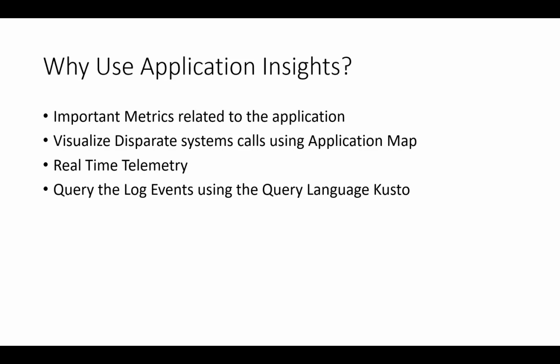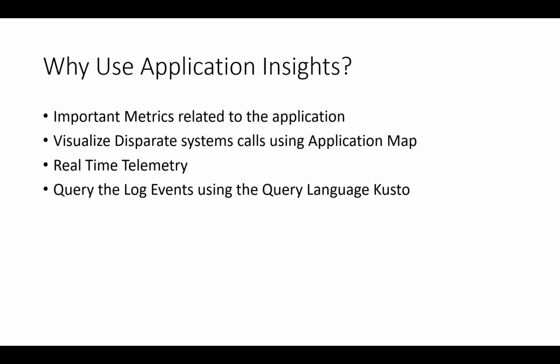So what Application Insights does is allow us to view important health related metrics of the application. Examples would be the average processing time, failure rates, dependency failures, response times, etc. Furthermore, Application Insights allows us to view the app and its dependency calls in a nice application map, which I really like.